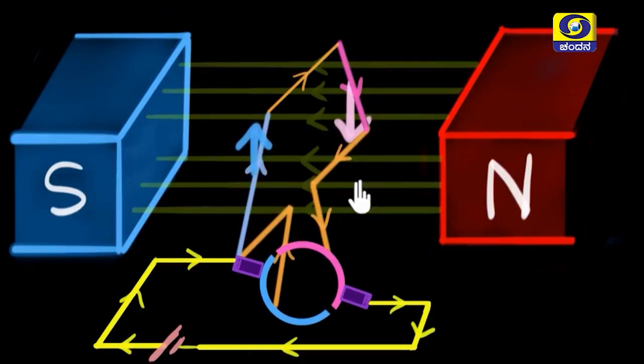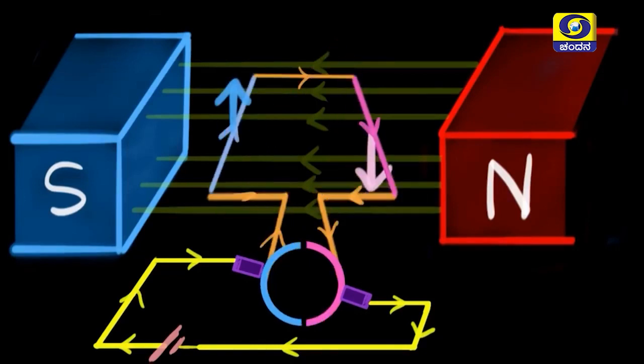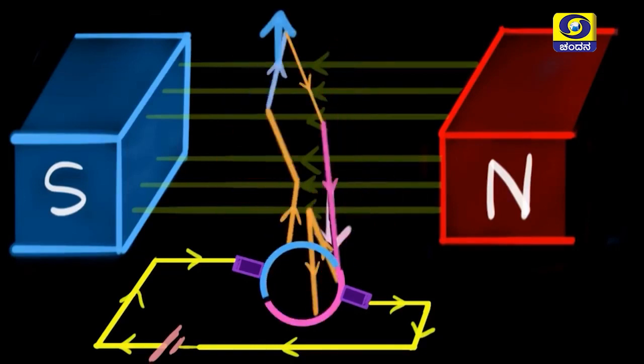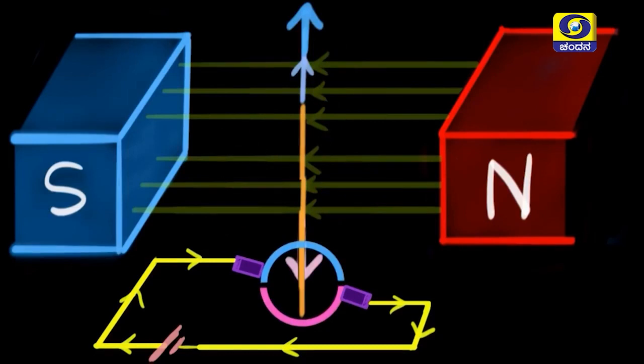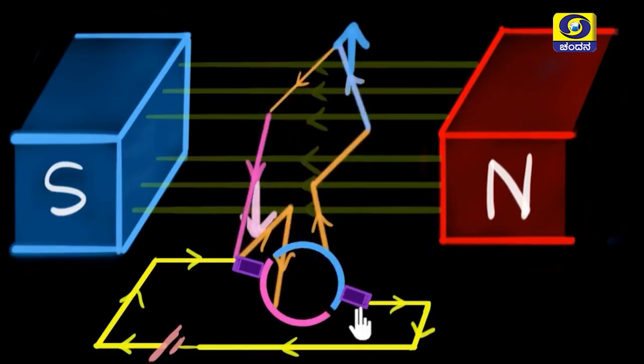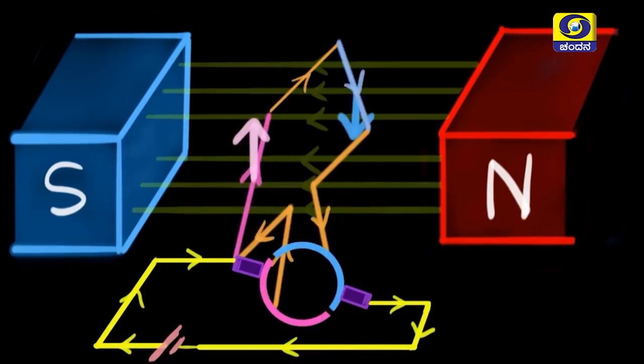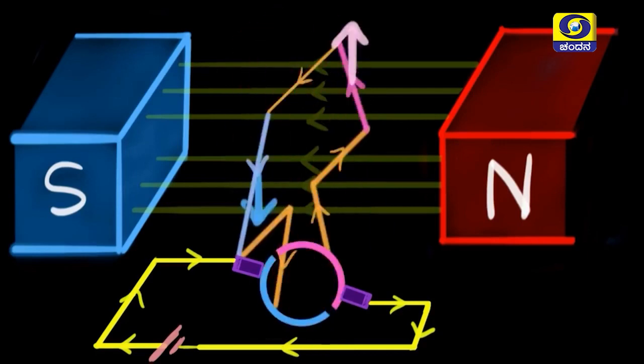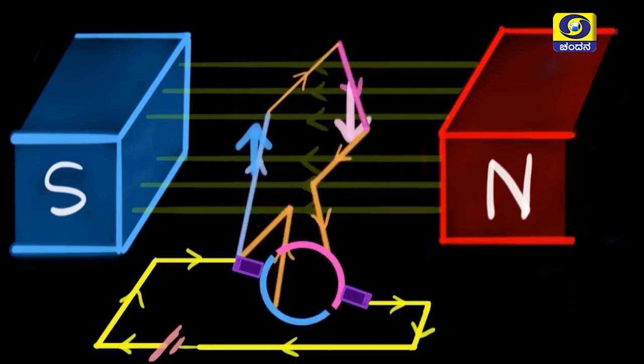Once again, if it completes half rotation, the pink part comes in contact with the positive terminal and the blue part comes in contact with the negative terminal. Now the current makes the armature rotate in the same direction. That is, the pink part moves upwards, the blue part moves downwards. As long as the current flows, the armature keeps on rotating.